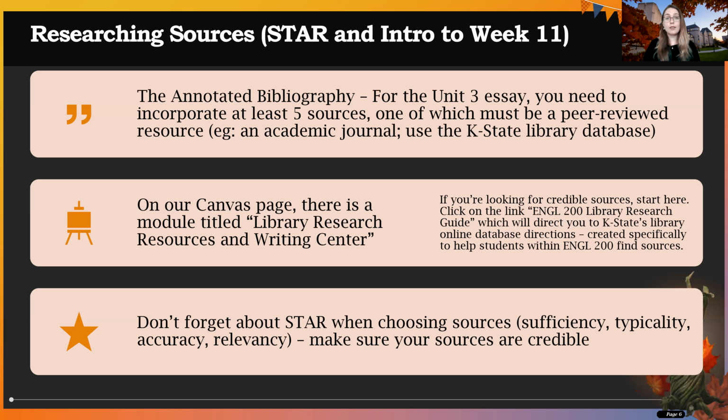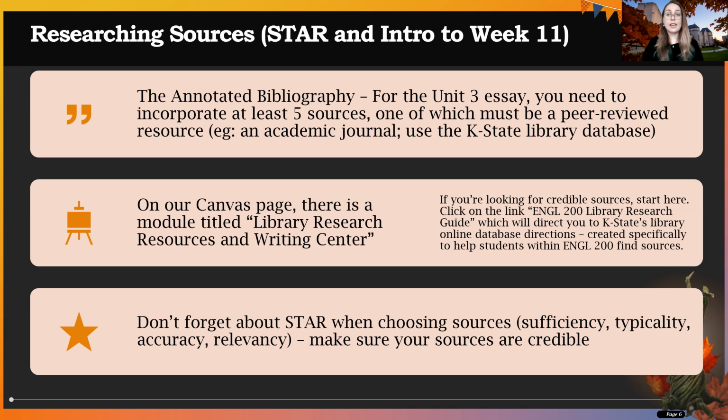And remember, for the Unit 3 essay, you must incorporate a minimum of 5 outside sources. And one of these sources needs to be a peer-reviewed resource. What do I mean by that? It must be an academic journal or article that has been reviewed by a peer or well-known academic resource, or another academic journal.